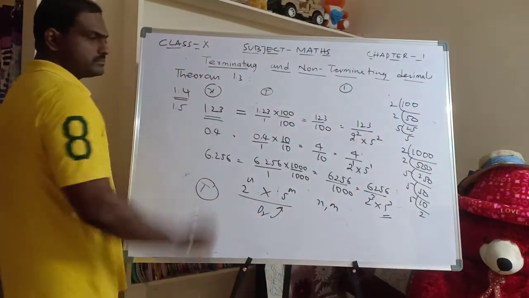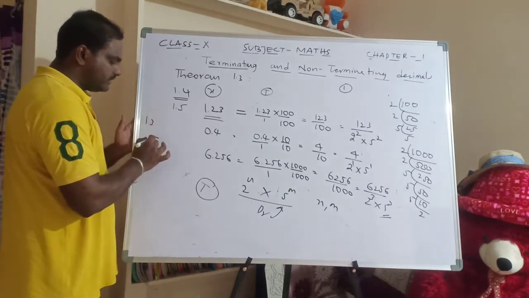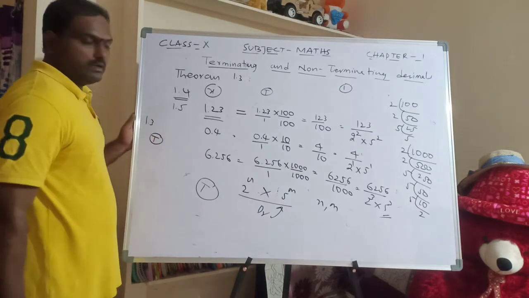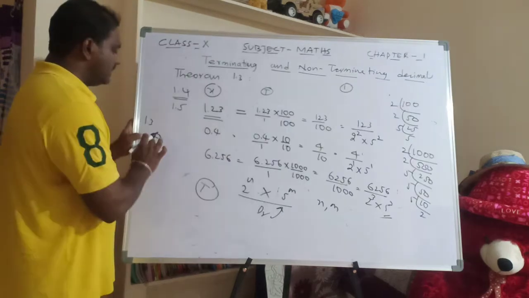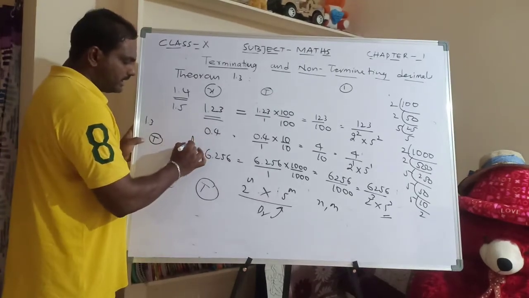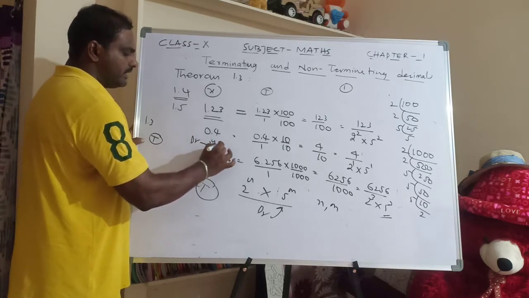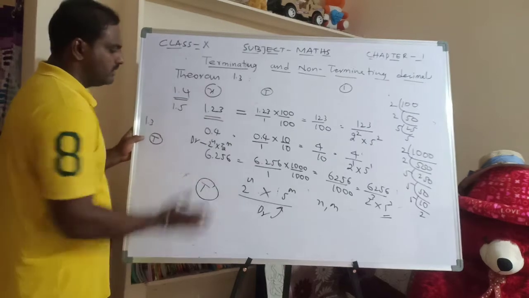1.5. What does 1.3 say? T stands for terminating. What 1.3 states is, if a terminating decimal is there, its denominator will be in the form of 2 power n into 5 power m. Right?